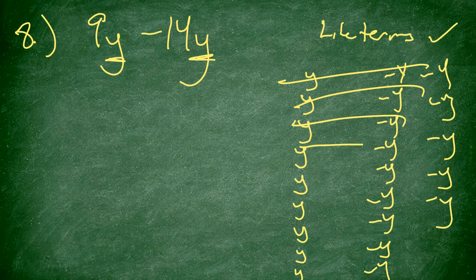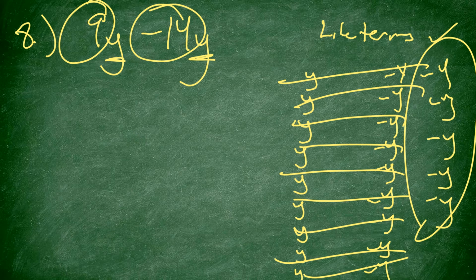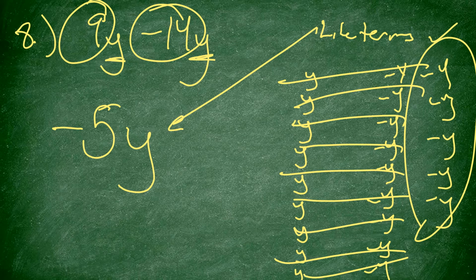Look, those will cancel, and you're left with negative 5 y's. Or the easiest way to think of it is 9 minus 14 is negative 5, and the y just hangs out. Right? Notice when you have like terms, the variable does not change. That's a big deal. The variable stayed the same. The only time your variable can change is if you're multiplying, and we're not multiplying here.